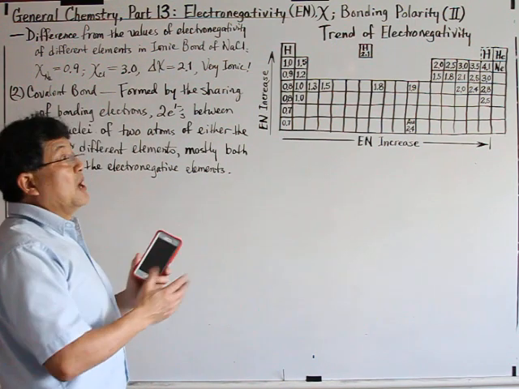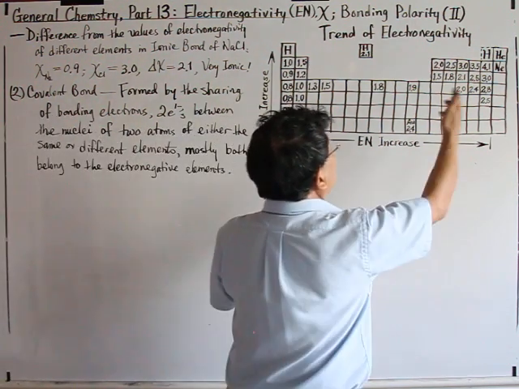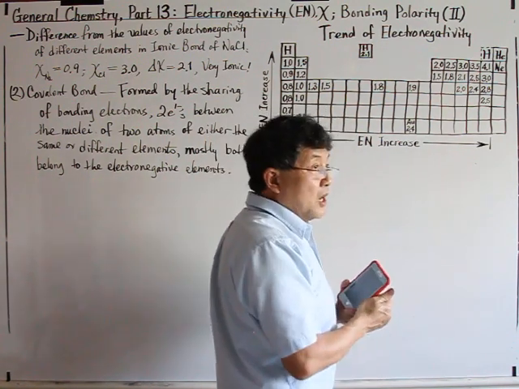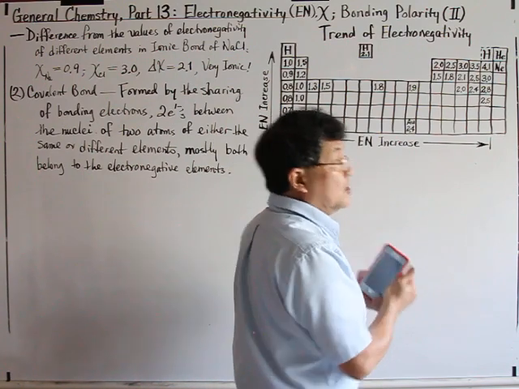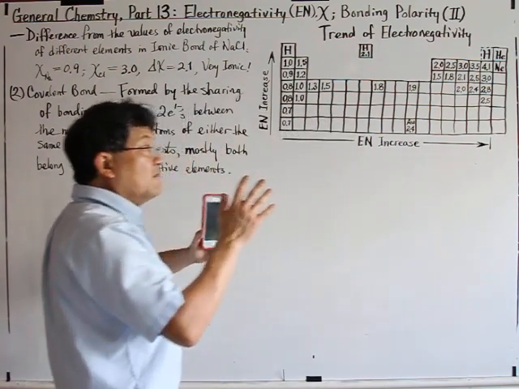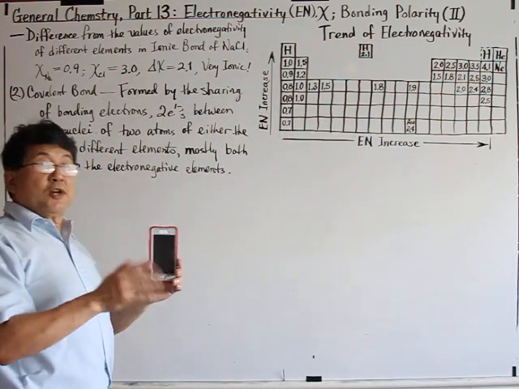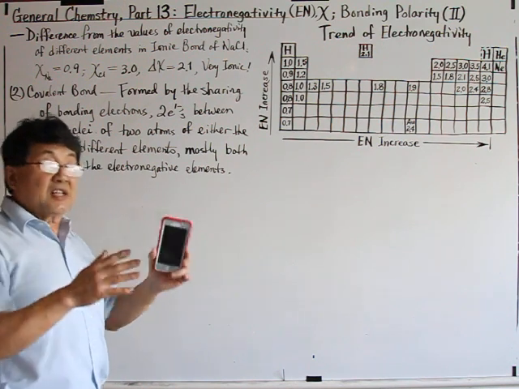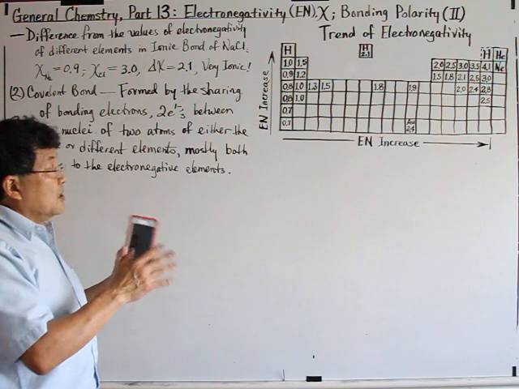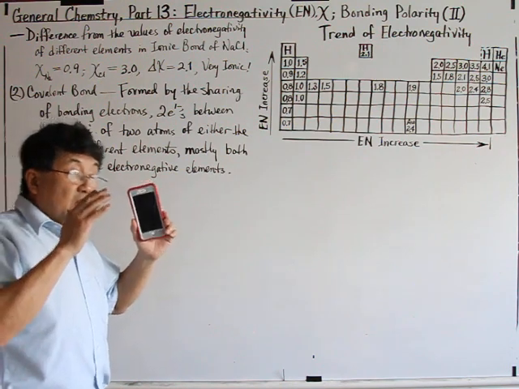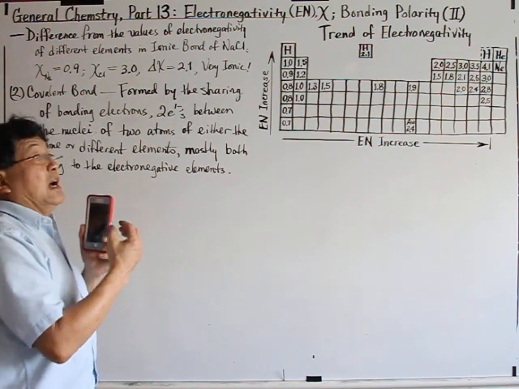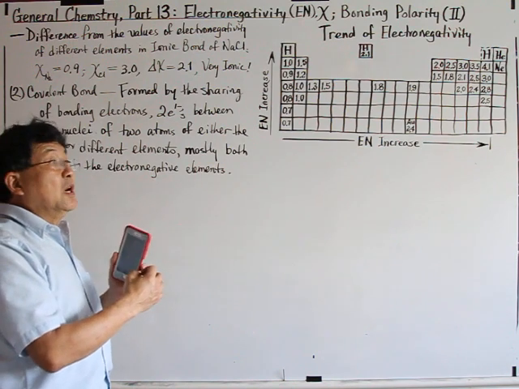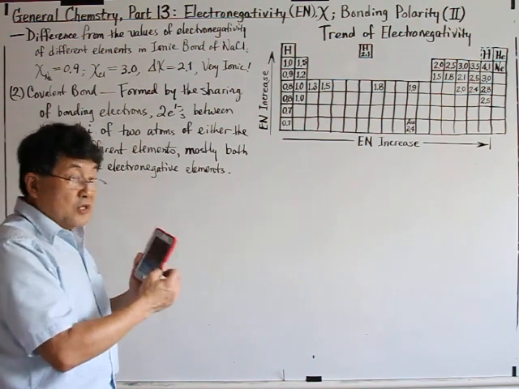And there are a couple of others like chlorine gas, Cl2, oxygen gas, O2, and nitrogen gas, N2. Of course, they may involve not only a single bond but also double or triple bonds. For instance, nitrogen gas has a triple bond between two nitrogen atoms, and oxygen gas has a double bond between two oxygen atoms.